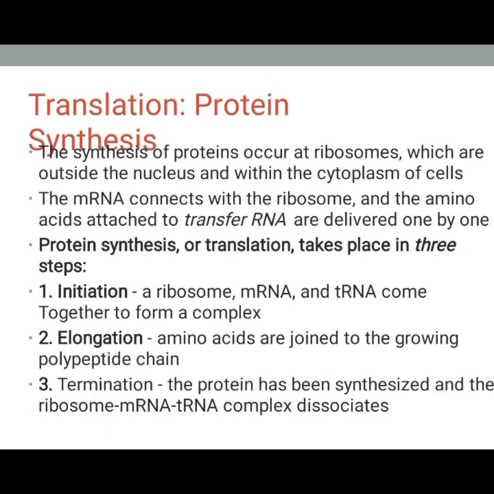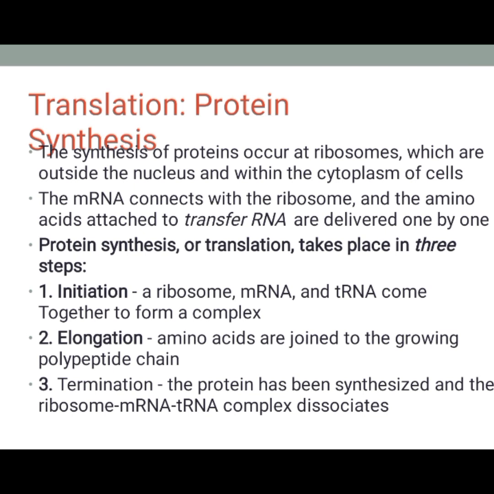So translation, that is protein synthesis, occurs in ribosomes, which are outside the nucleus and within the cytoplasm of cells. We know a cell consists of nucleus and cytoplasm, mitochondria and all. And the mRNA connects with the ribosome, and the amino acids attached to transfer RNA are delivered one by one. Protein synthesis or translation takes place in 3 steps: initiation, elongation and termination.